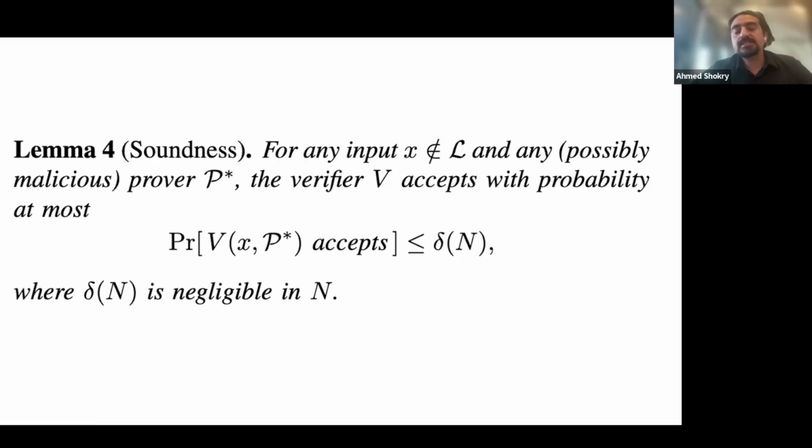The idea behind this proof comes from the fact that the prover does not know which group the data point X belongs to. For example, given a general data point X, the prover does not know whether it belongs to the red group or the blue group.